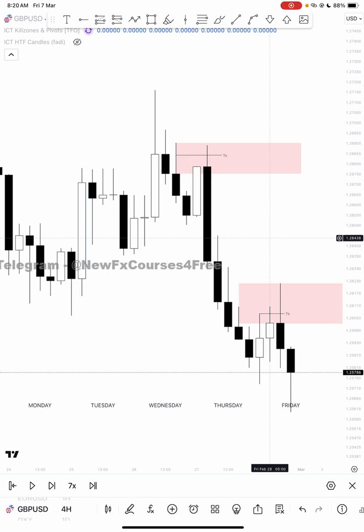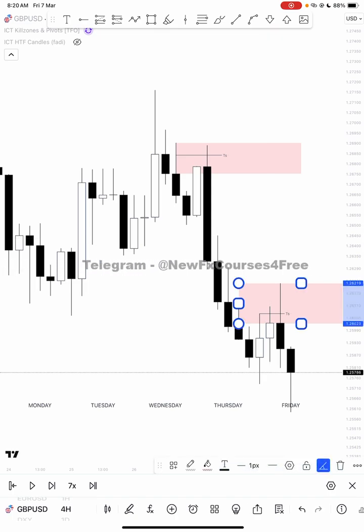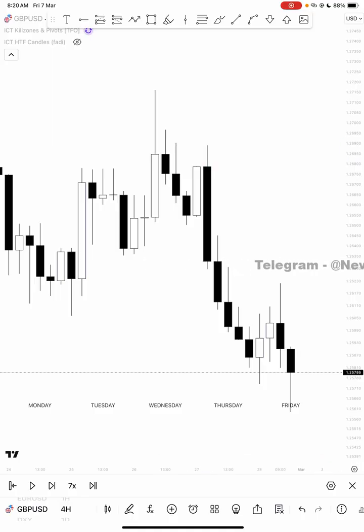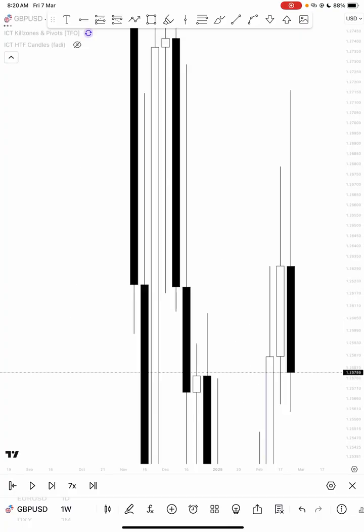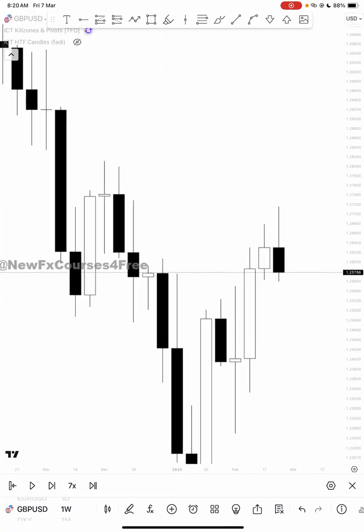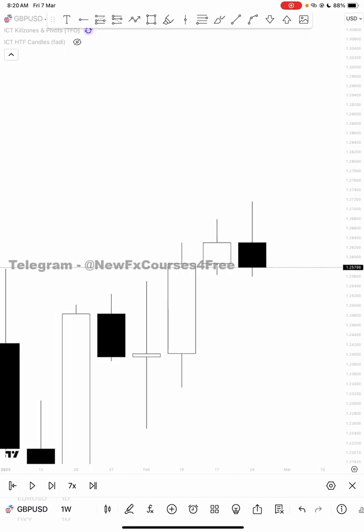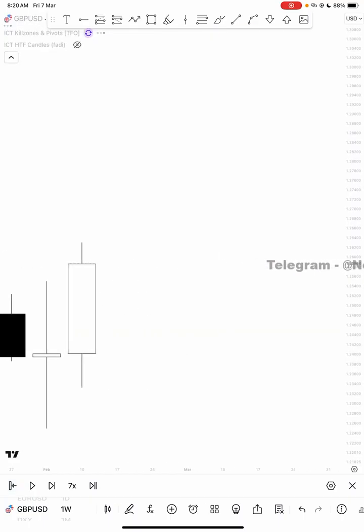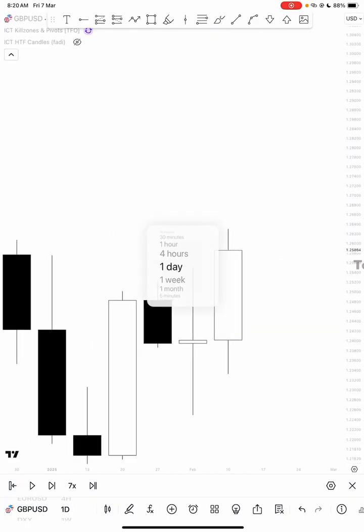So let me give you guys an example of the weekly time frame open, high, low, close. So here I'll be using, let me see, this week's price action. Okay.